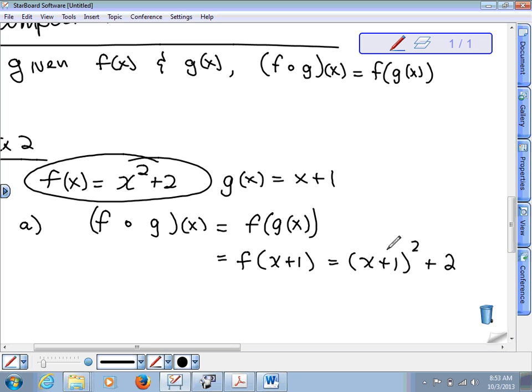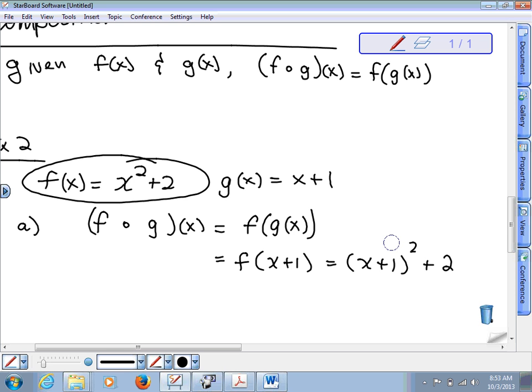Please resist the urge to just distribute x, but that doesn't work. Okay? I think we talked about that early on this year. X plus 1 squared means x plus 1 times itself. X plus 1 times x plus 1. You're going to end up with x squared plus 2x plus 1. And then you add 2 to that. So you get x squared plus 2x plus 3.